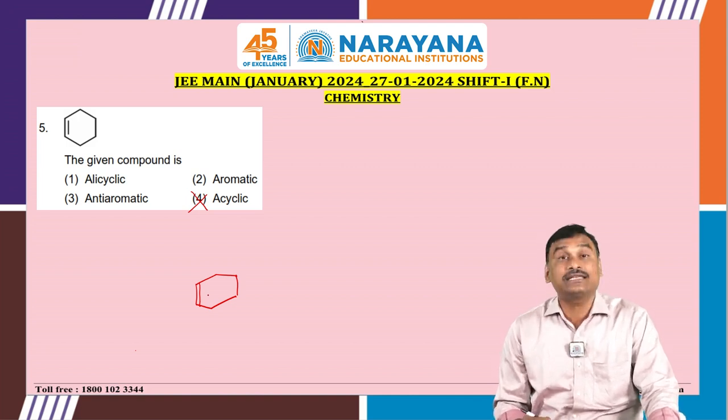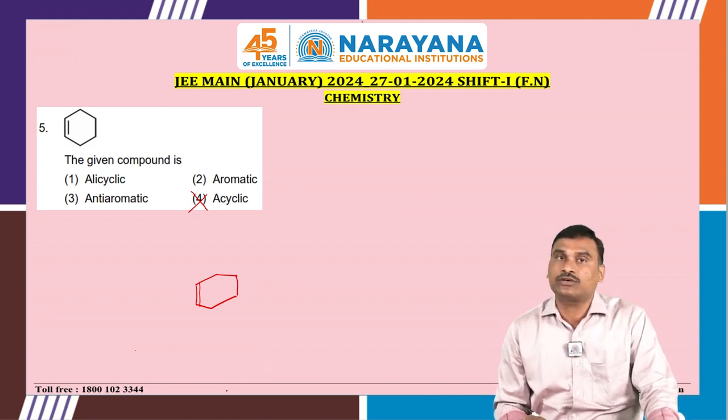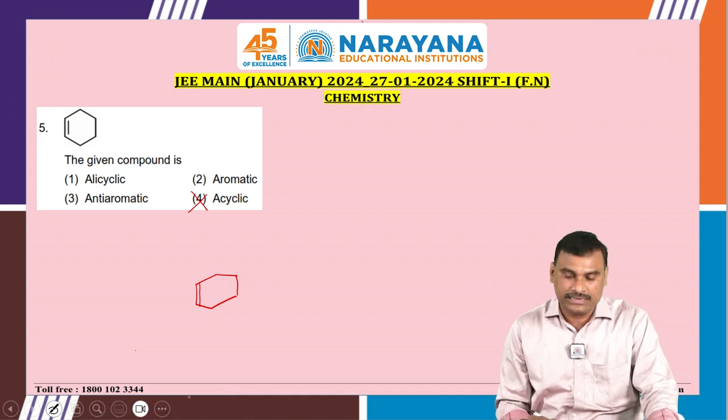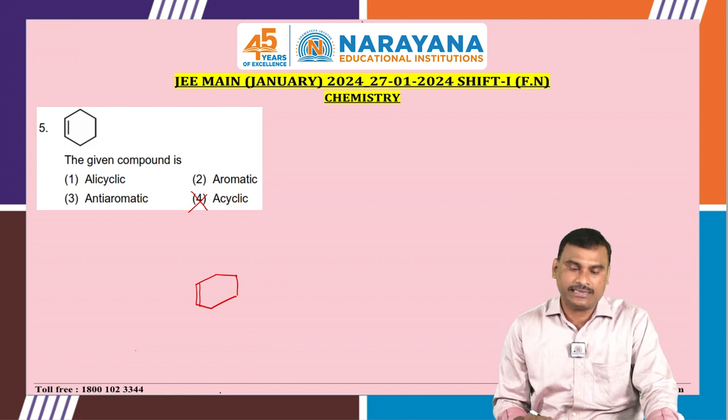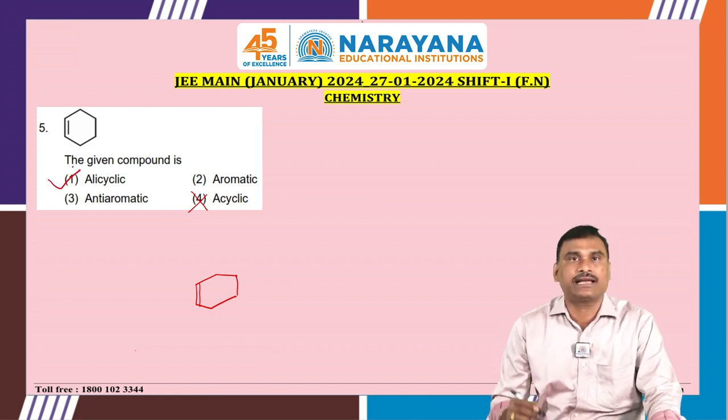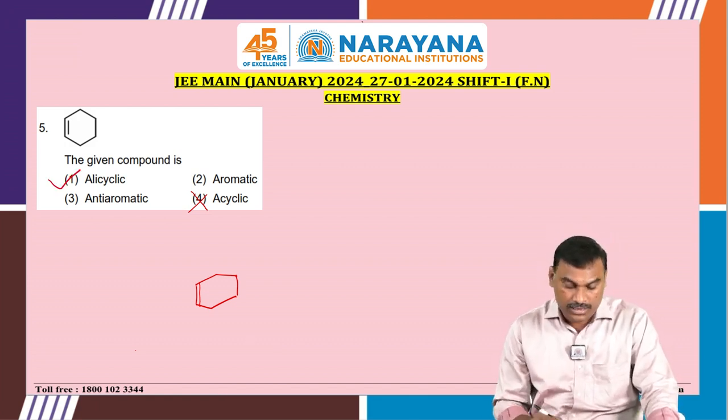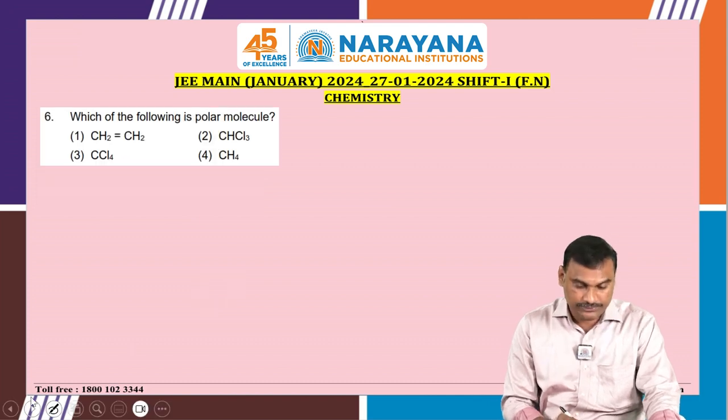The compound is not aromatic as well as not anti-aromatic, since complete conjugation with 4n+2 pi electrons is not there, and complete conjugation with 4n pi electrons is also not there. Therefore, the compound is not aromatic or anti-aromatic. Therefore, for the given question, the correct answer is alicyclic, option 1, students. Now, let us go for the next question.